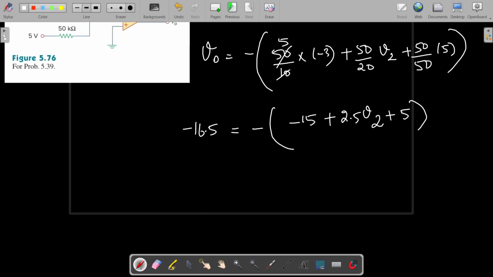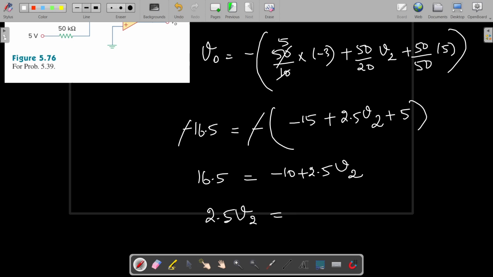So this is minus minus get cancelled out. 16.5 is equal to minus 10 plus 2.5 V2. So 2.5 V2 is equal to 16.5 plus 10.